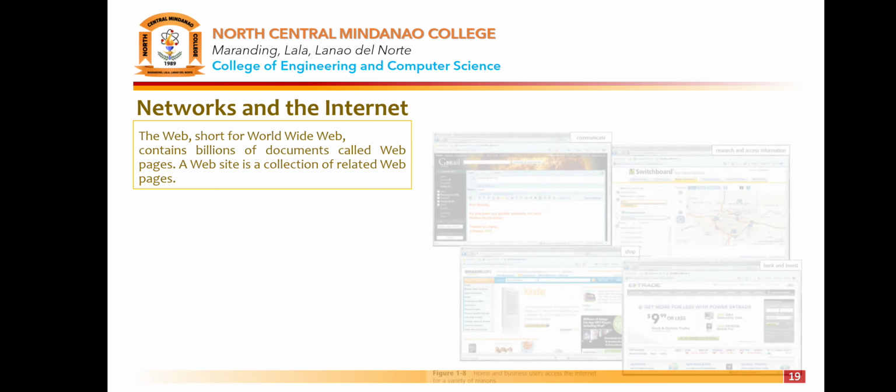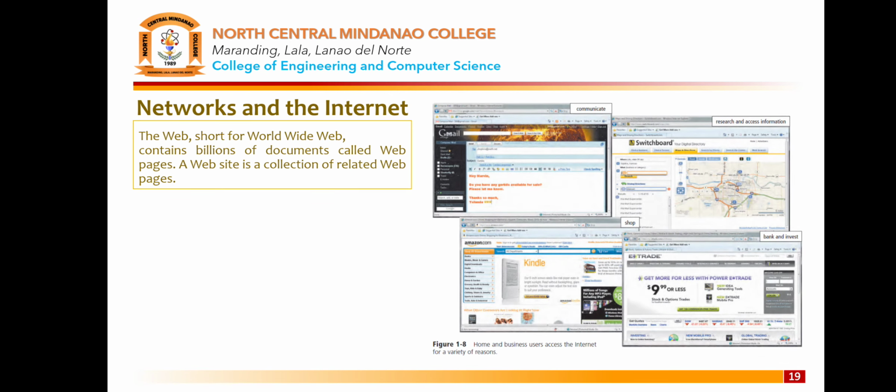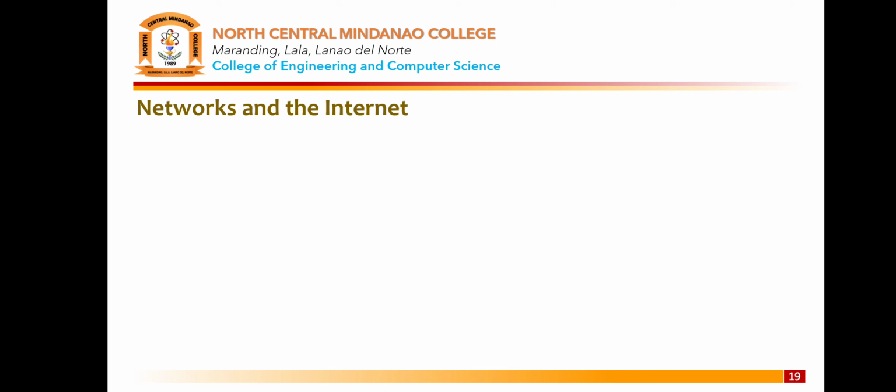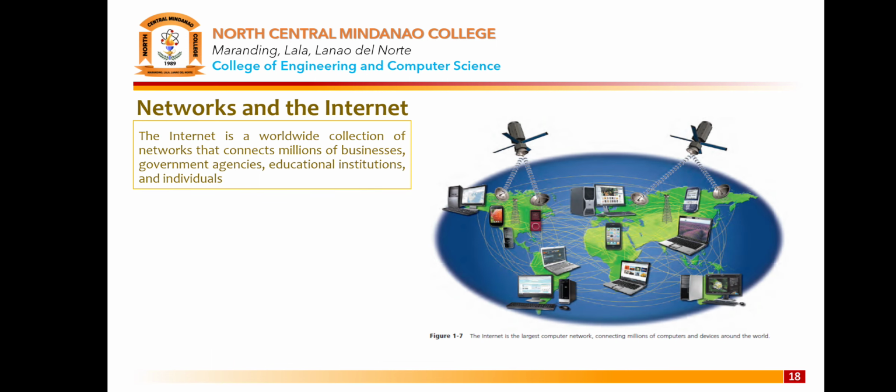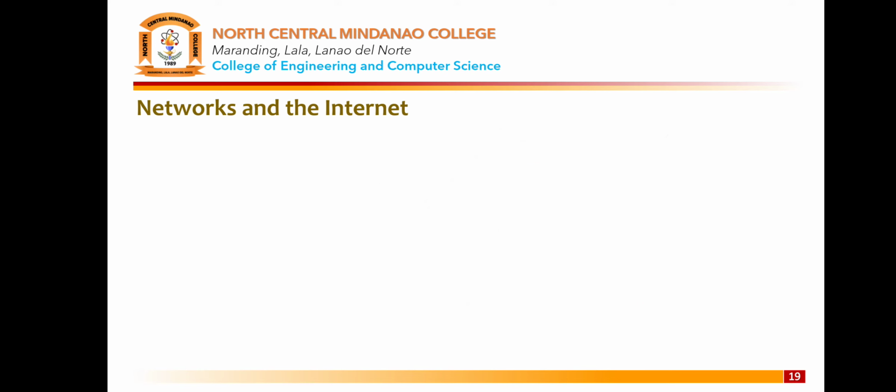So okay, we have what we call the web, or the www, or the World Wide Web. Also the internet is the largest computer network, a collection of millions of computers and devices around the world.